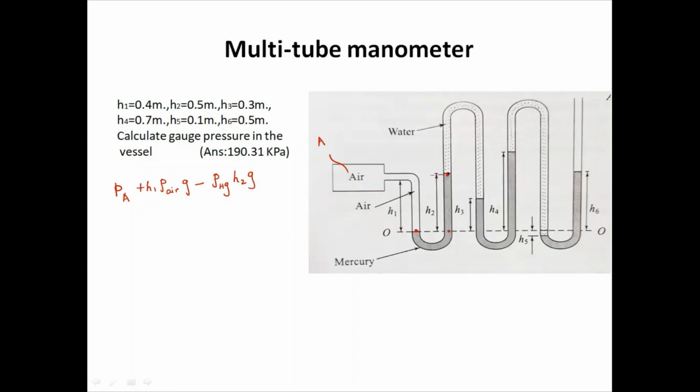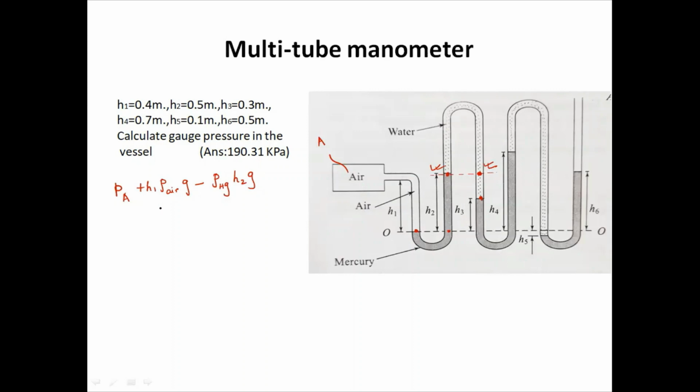Now you see, in this way, if you draw this here, it is also the same pressure. What is the pressure here? The same pressure is at this point, and that value is this one. Now we are interested in finding out the pressure at this location, so you have to come down.